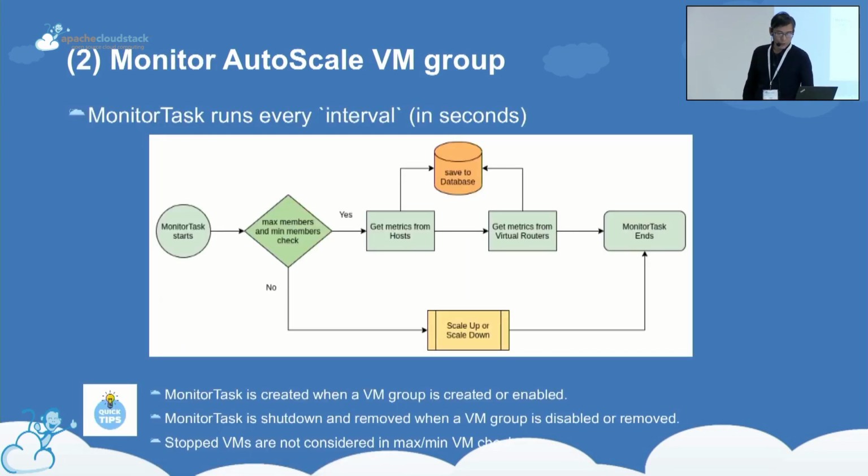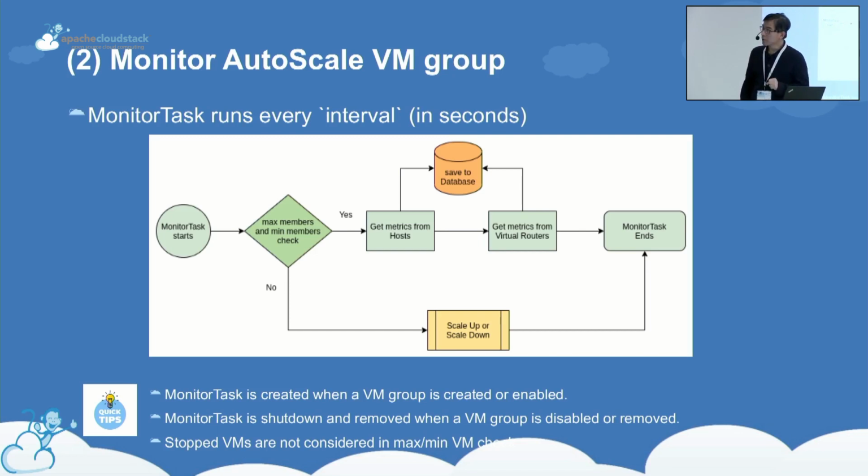In CloudStack Management Server, there are some monitor tasks which run for each AutoScale VM group to get the metrics from CloudStack hosts and CloudStack virtual routers. The task is created when the VM group is created or enabled, and the task will be shut down and removed when the VM group is disabled or removed.